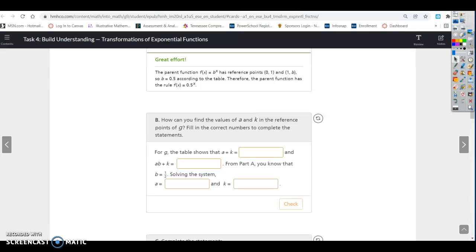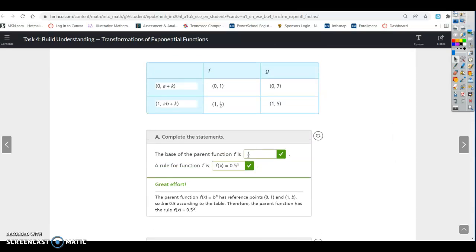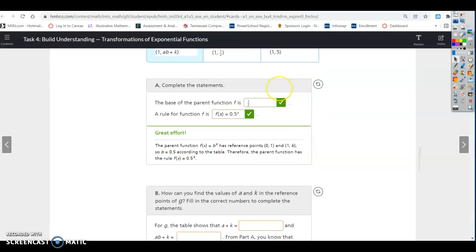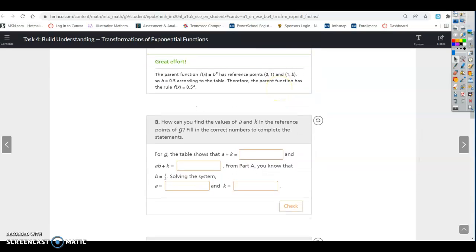How can you find the values of a and k in the reference points of g? Fill in the correct numbers to complete the statements. All right, for g, the table shows that a plus k equals 7, because we're looking at function g, and we already know that the x value is 0, so the y value, a plus k equals 7. All right, let's go ahead and write that down.